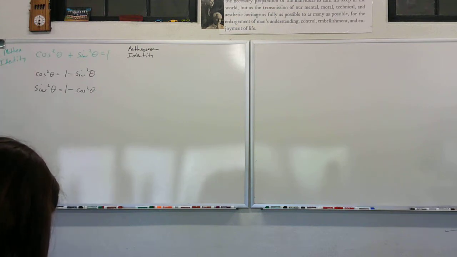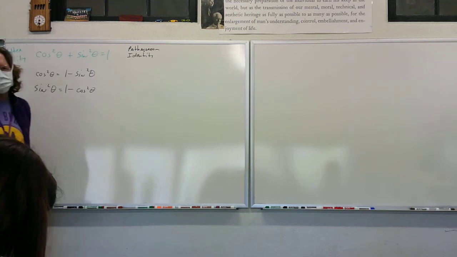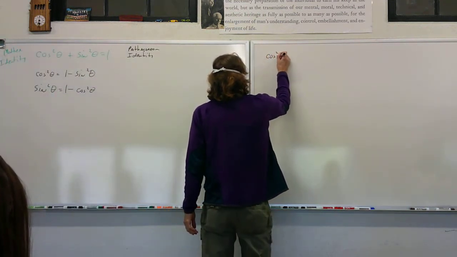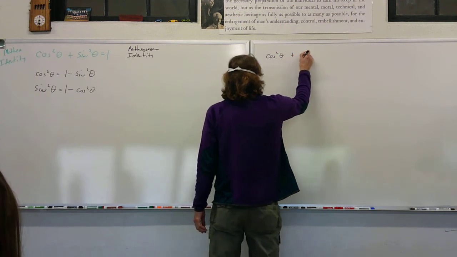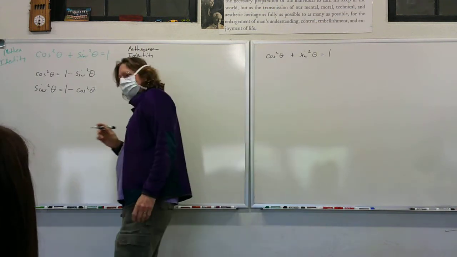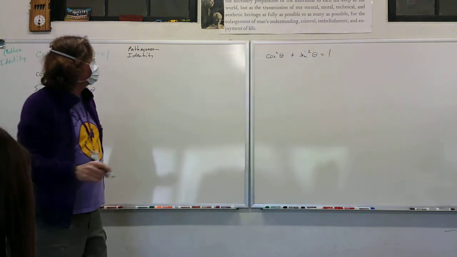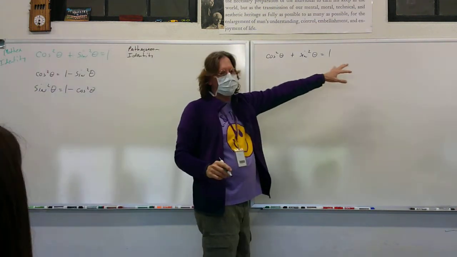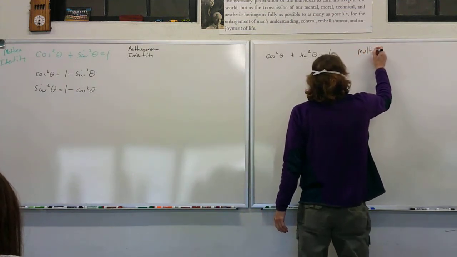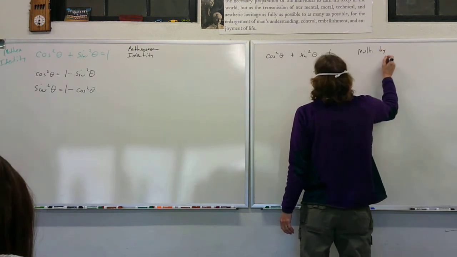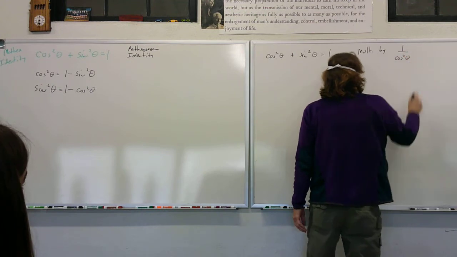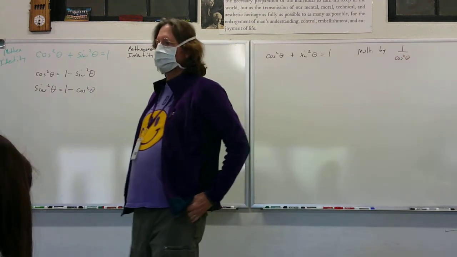All right. I'm going to put two more under here, but I'm going to show you how to get them. Cosine squared theta plus sine squared theta equals 1. And what I'm going to do is multiply both sides by 1 over cosine squared theta.